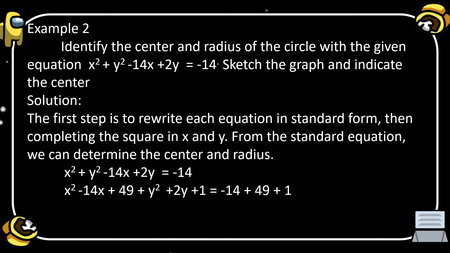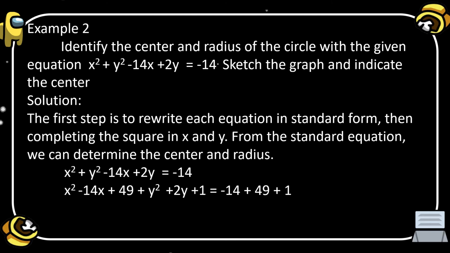Since the given is x squared minus 14x, the value of a is 1 and the value of b is negative 14. When we apply completing the square, the formula is the quantity of b over 2a squared, where b is negative 14 and a is 1.